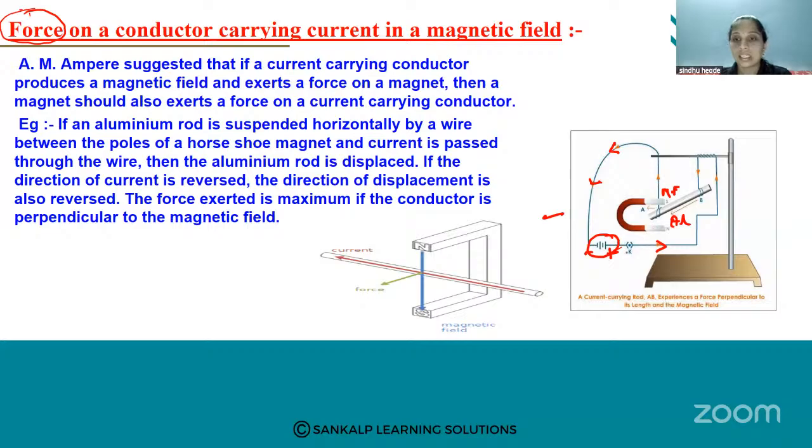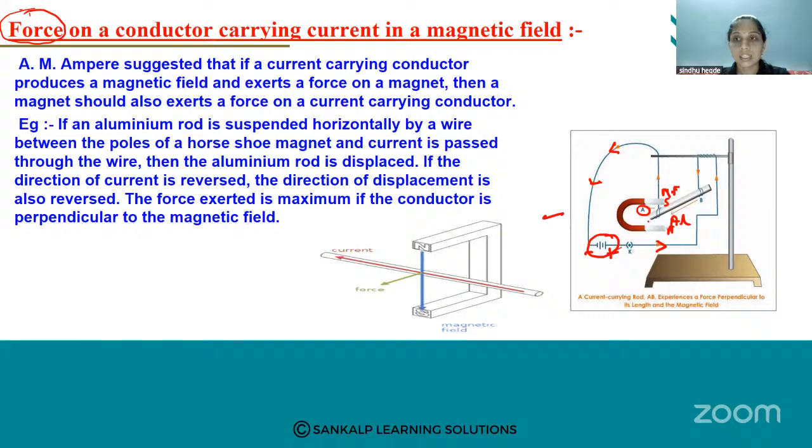Along with the magnetic field, the aluminium rod gets displaced. Just consider initially this magnet has a south and a north pole, and the aluminum rod has points A and B here. Then current starts flowing in the circuit, the field is generated through this conductor, and again this conductor shows some displacement.